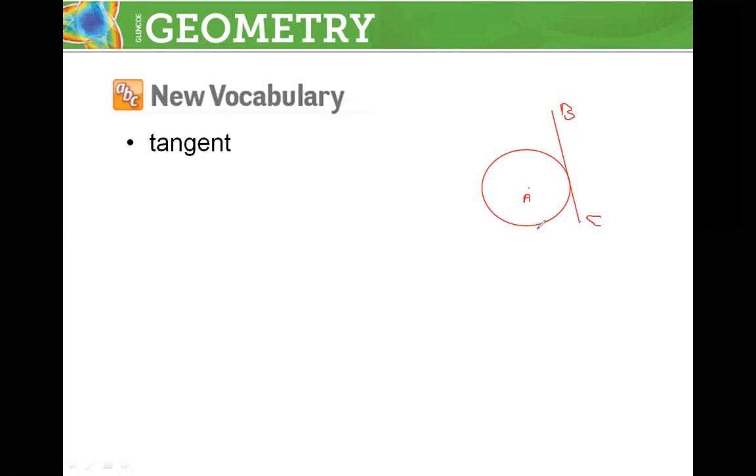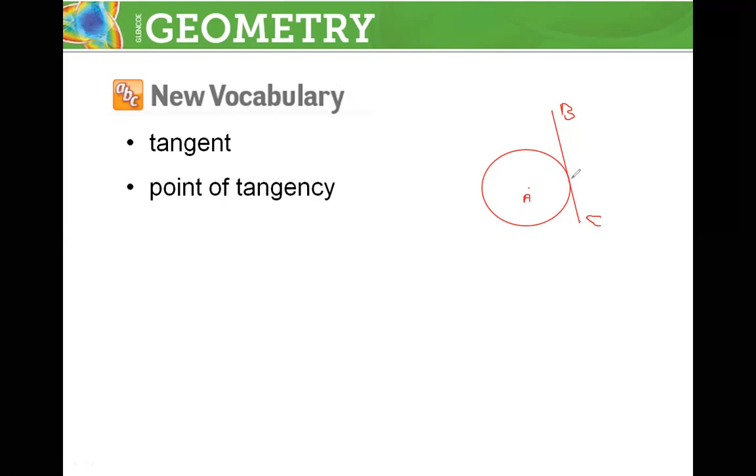Okay, it's not inside the circle. It only touches a point on the circumference. This is the tangent. So today we are talking about the tangent. And the point of tangency, this point is called the point of tangency.